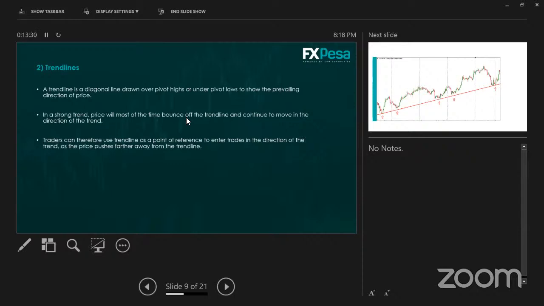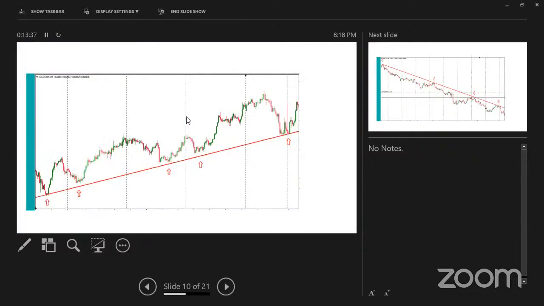So we say that we normally use these lines as a point of reference. As we see in the example on the screen, it is just a line that attaches the higher lows when this market is on an uptrend. So we see when the market came to this trend line, it was pushed off.